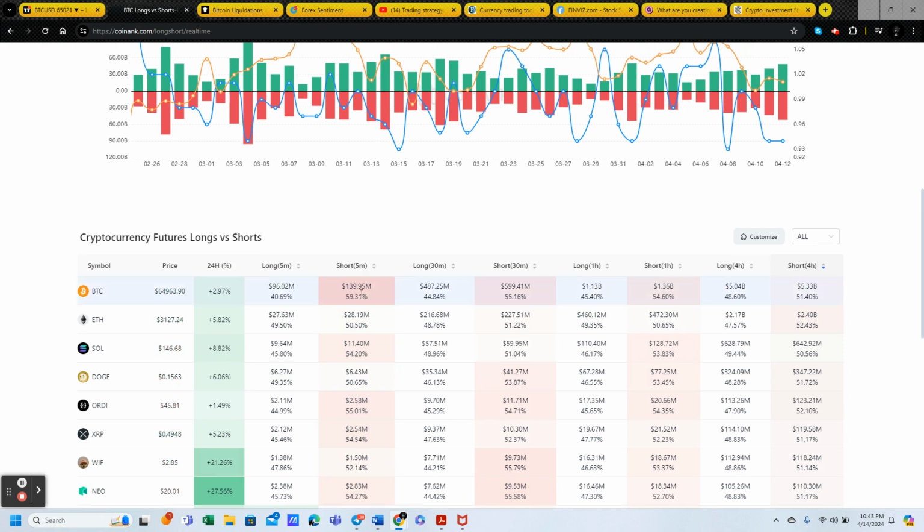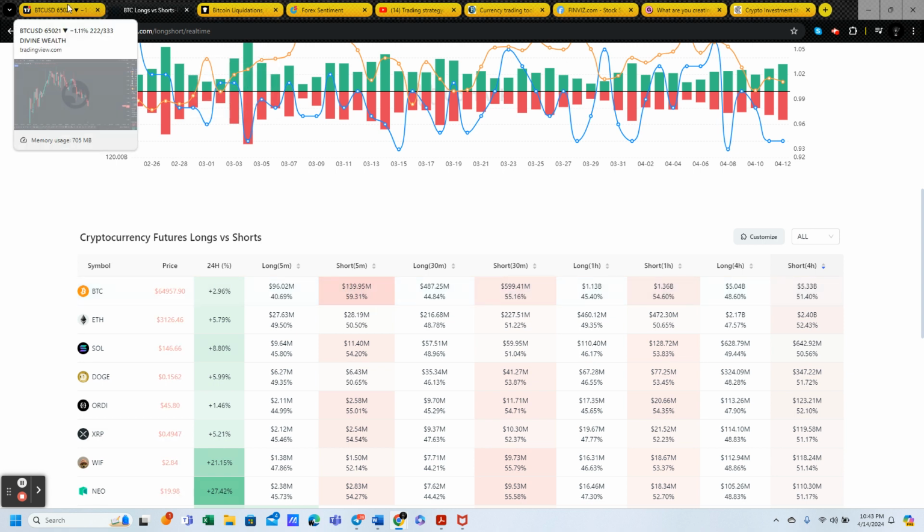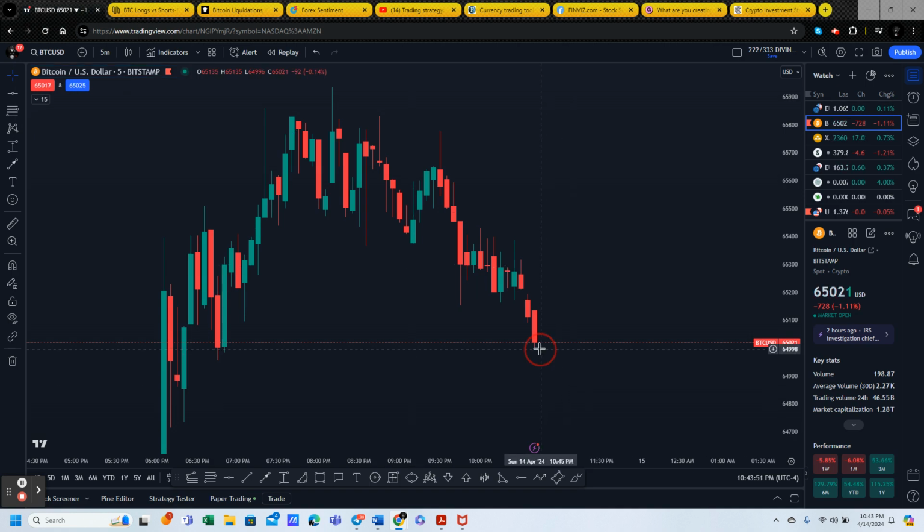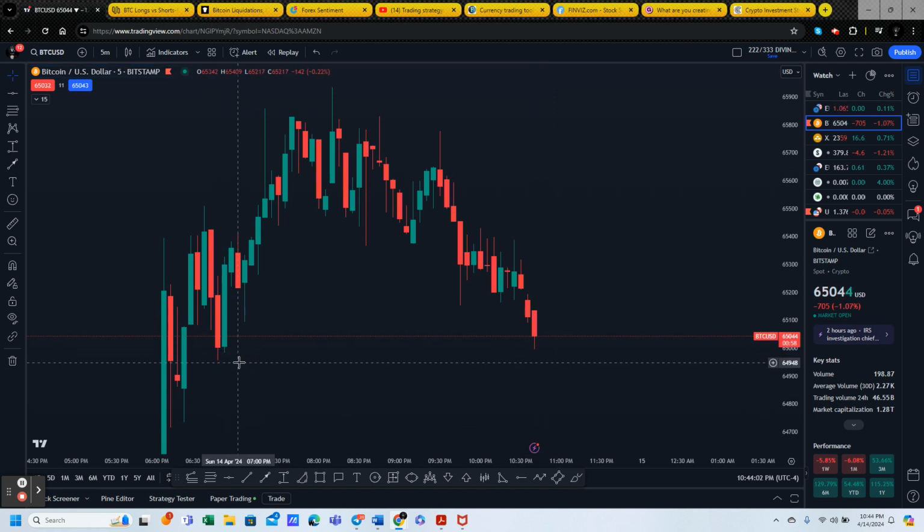All right. So you see how this one just dropped down to 59%. So I wonder if we got a minor support or correction. So you see right here, got a little wick action. So that could be the change. So you see how it's wicking up in this particular zone.